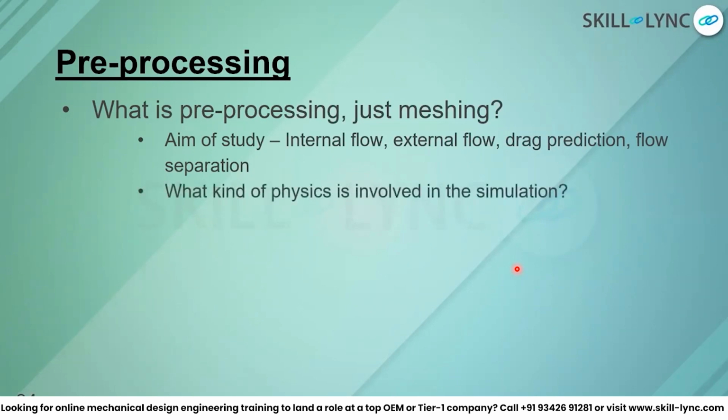Now, what kind of physics is involved? As I said, are you interested in the drag coefficient of a vehicle? Are you interested in conjugate heat transfer modeling? That's why I'm always saying that all these things are part of pre-processing, because you will understand which type of physics is involved.